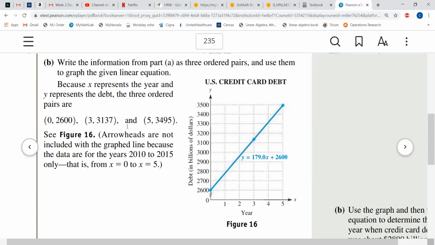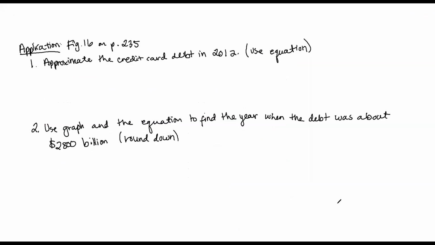So if I go back to our whiteboard, we want to plug in 2 into our equation. So our equation is y equals 179.0x plus 2600. So if I go ahead and plug in x equals 2, we get y equals 179.0 times 2 plus 2600.